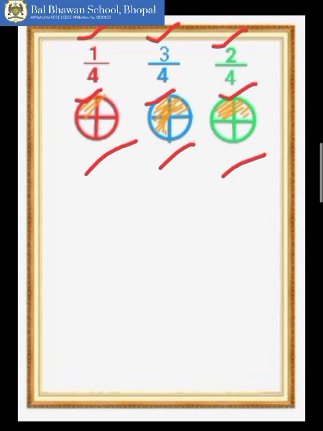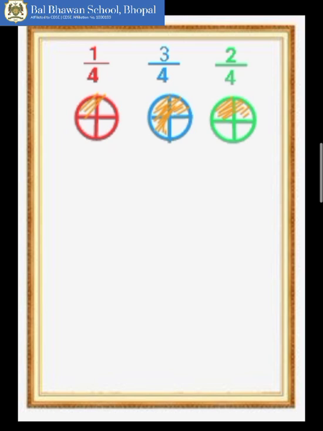We can see one more thing, children, that they all have denominator 4 as all the figures are divided into 4 parts. Now children, tell me which of the pictures has minimum portion shaded.